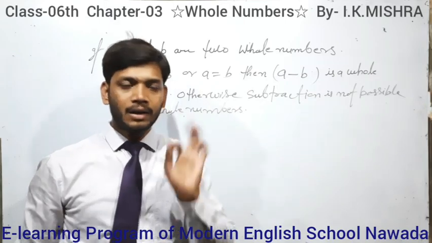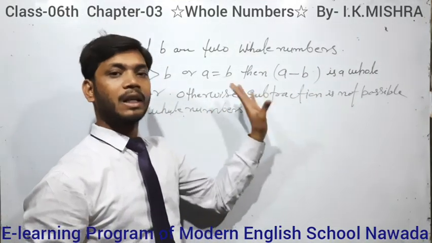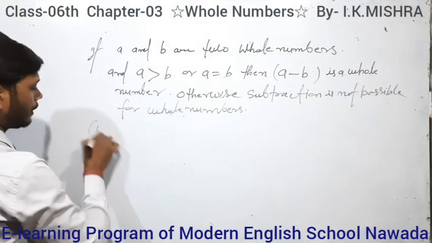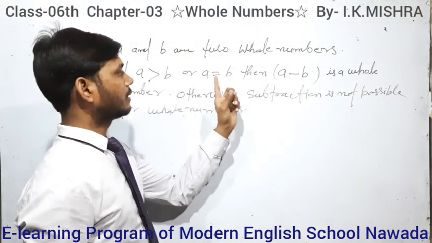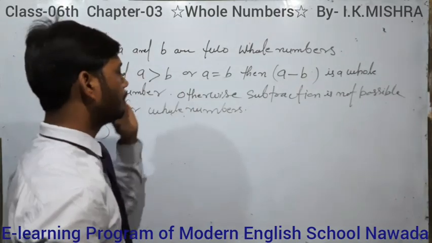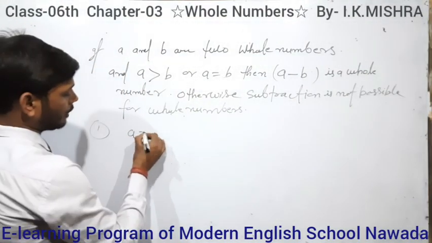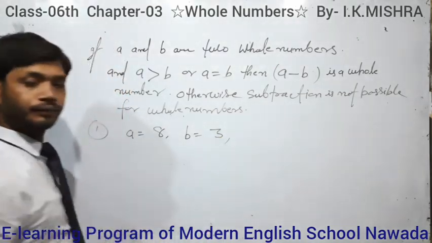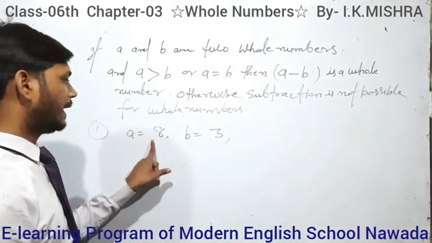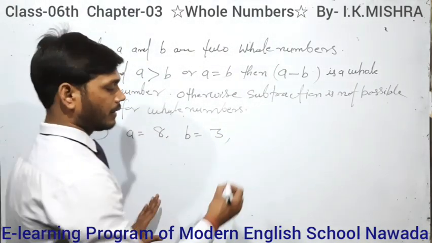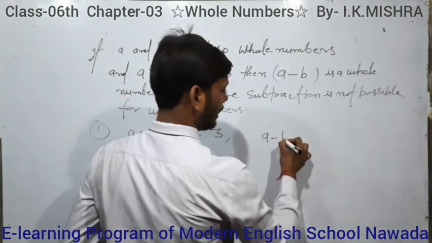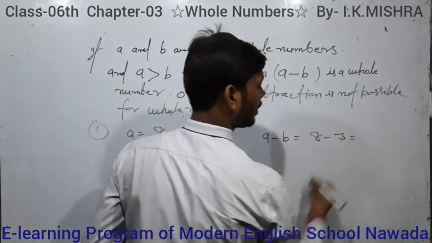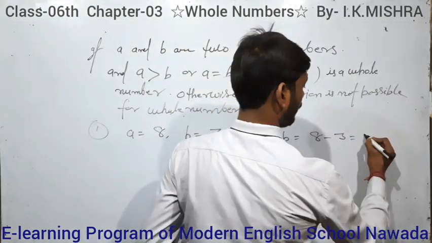Friends, understand this statement by an example. First, here A is greater than B. Suppose A equal to 8 and B equal to 3. Here A is greater than B. Then A minus B equal to 8 minus 3 is equal to 5.